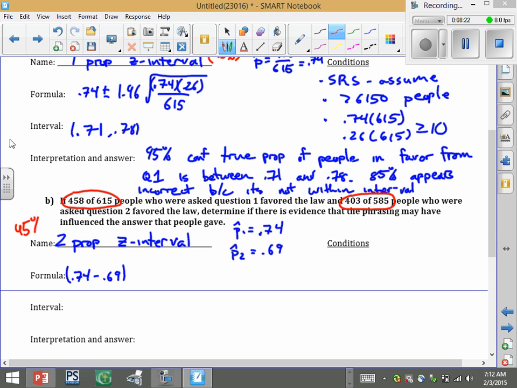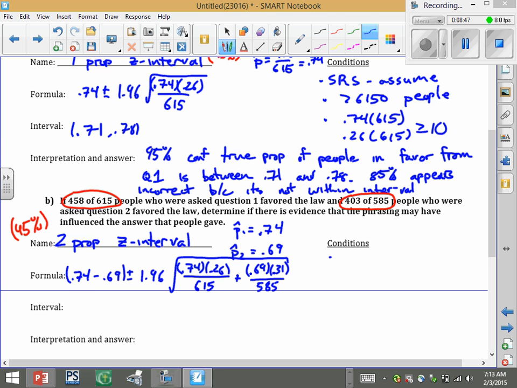That's what we've been doing a lot in here. Plus or minus 1.96. This formula is going to be kind of a doozy. So we have 0.74 times 0.26 over sample size 1, which was 615, plus 0.69 times 0.31 over sample size 2, which is 585.